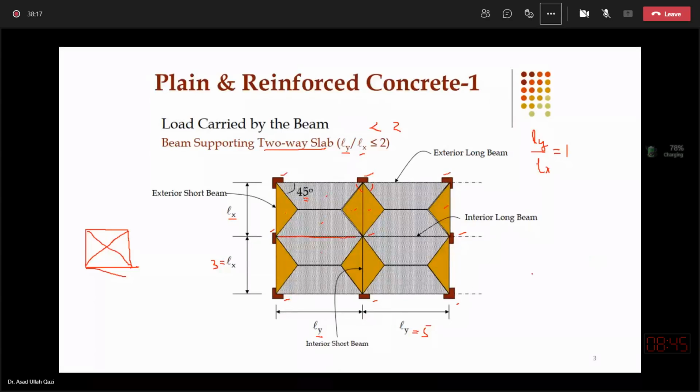So if I am designing the interior beam and it is a two span beam, because there is a column over here, I can sketch that there are triangles present on these beams, and since there are two triangles, this is multiplied by 2. So there are two such triangles present on this beam of span 3 meter.